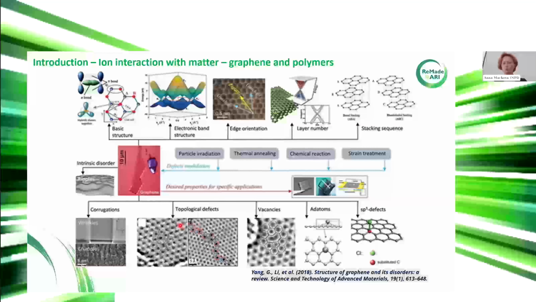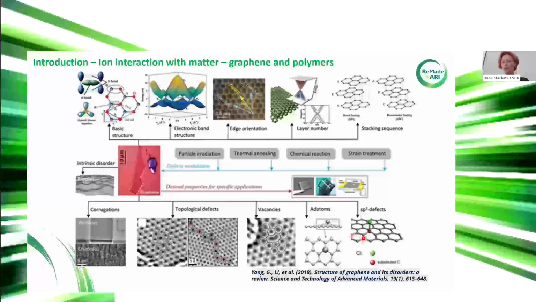So what we can do, for example, is create vacancies, and we can create topological defects, which can introduce stress into the graphene. It means that we are changing the electronic structure, and we can open the band gap in the graphene, for example. Graphene has no band gap, but we can change these properties.